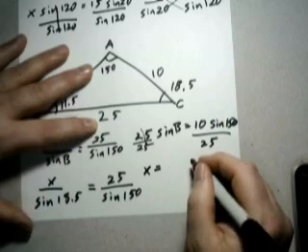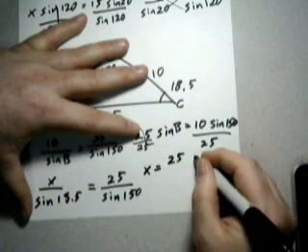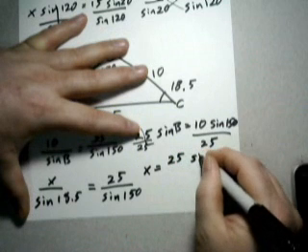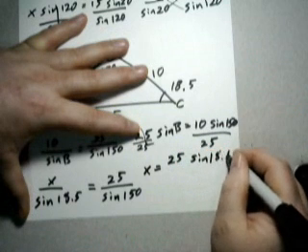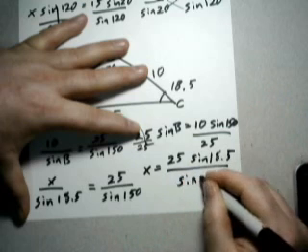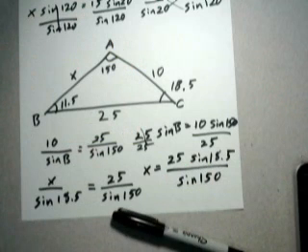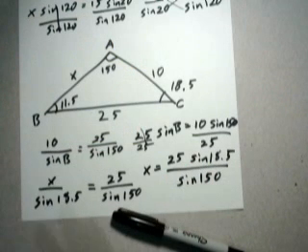X is equal to 25 times the sine of 18.5 divided by the sine of 150. So I had to do the law of sines twice in order to find this.